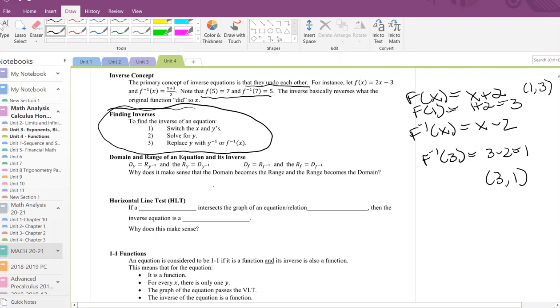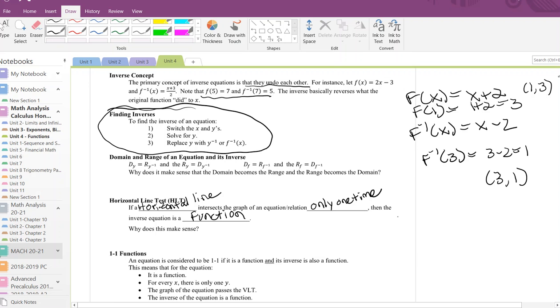To determine if the inverse is a function, we can do the horizontal line test, which says if a horizontal line intersects the graph of an equation only one time, then the inverse equation is a function.